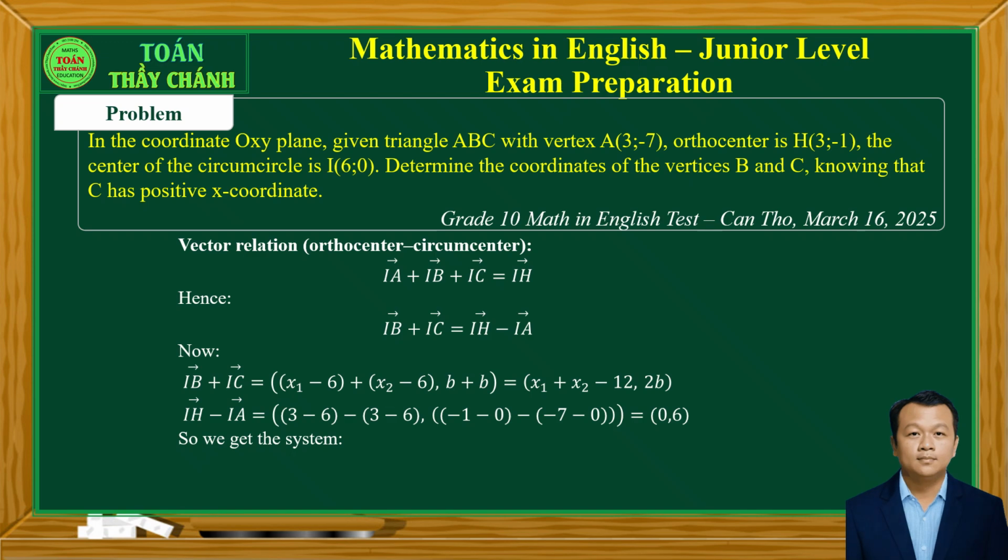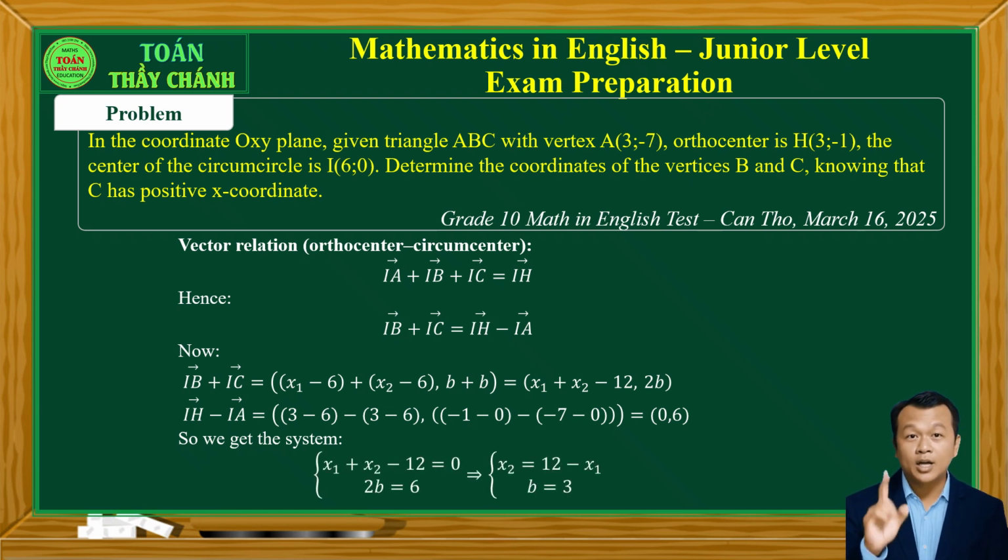So we obtain the system of equations x1 + x2 - 12 = 0 and 2b = 6. From this, we deduce that x2 = 12 - x1 and b = 3.